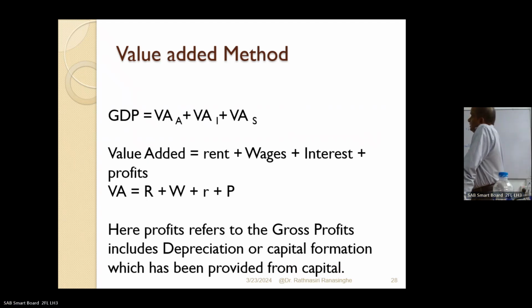According to the income method, we measure the total income based on the income received as rent, wages, interest and profits. We can add all these things, like the total value method. Here the profit is the gross profit, before the capital profits.